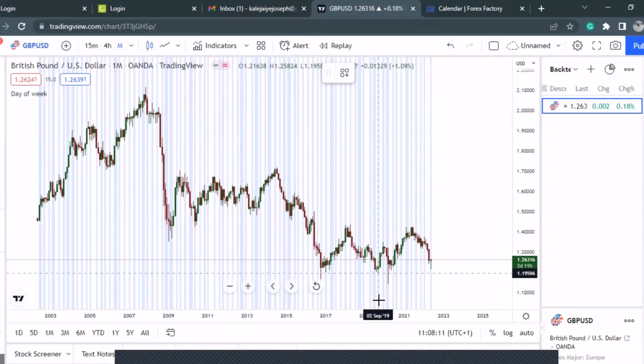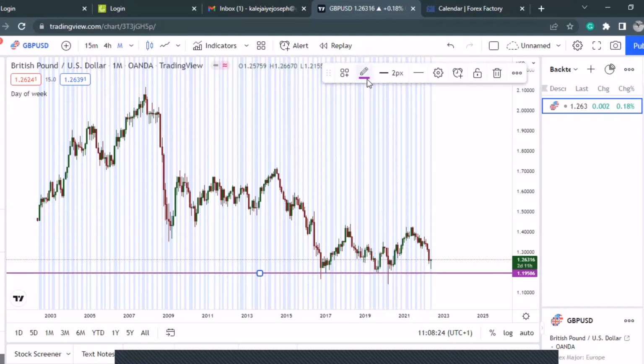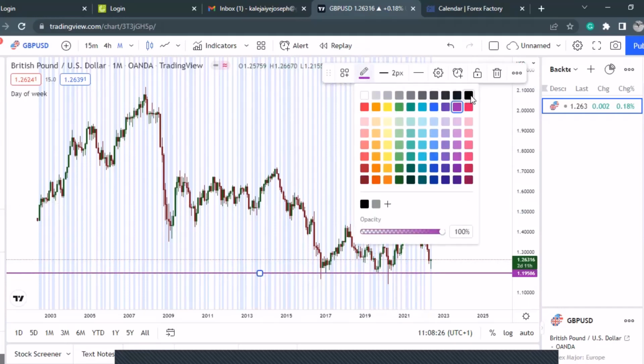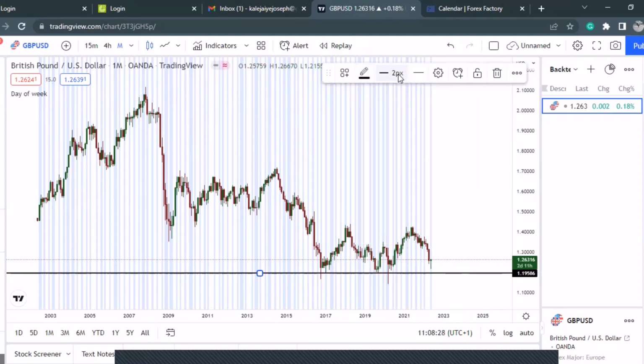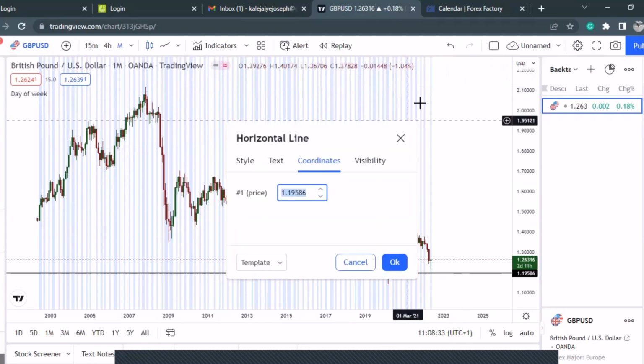I'll come a little bit down. I'll leave this dark, make it thick, 2 is fine, and make it whole. This is 1.19586, so to make it whole, I'm going to make it 1.20.